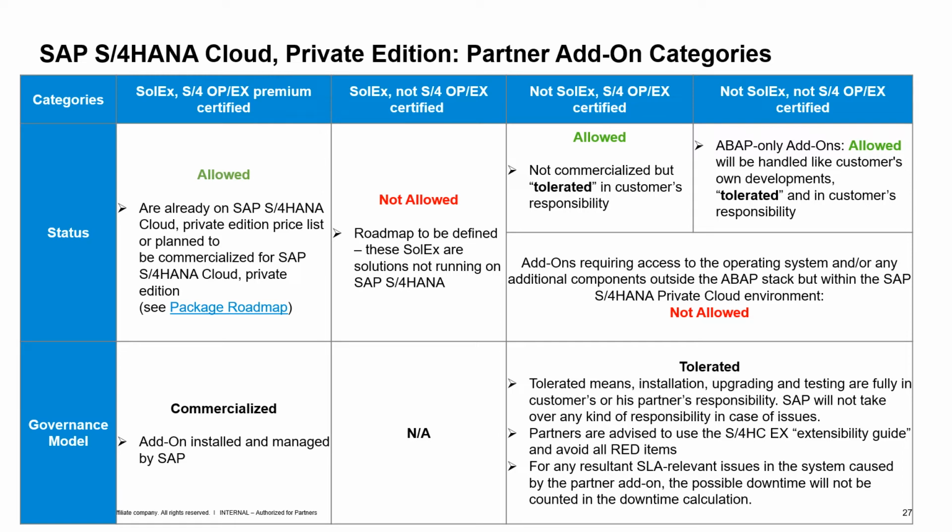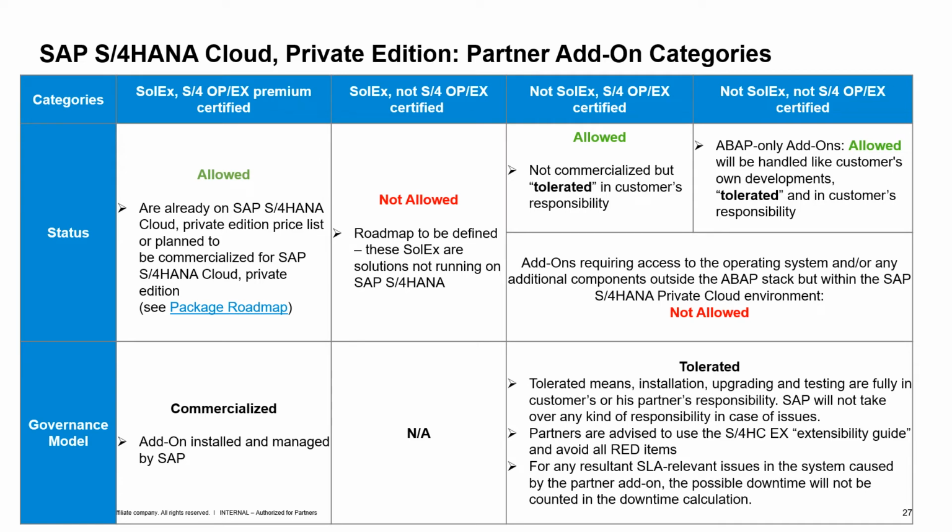So let's take a look at the categories across the top and look at the status. So for Solex S/4HANA On-Prem and Extended Edition Premium Certified Solutions, they are allowed. So they're already on the price list, right? Or they're being planned to go on the price list or on the roadmap. They will be allowed. Okay?